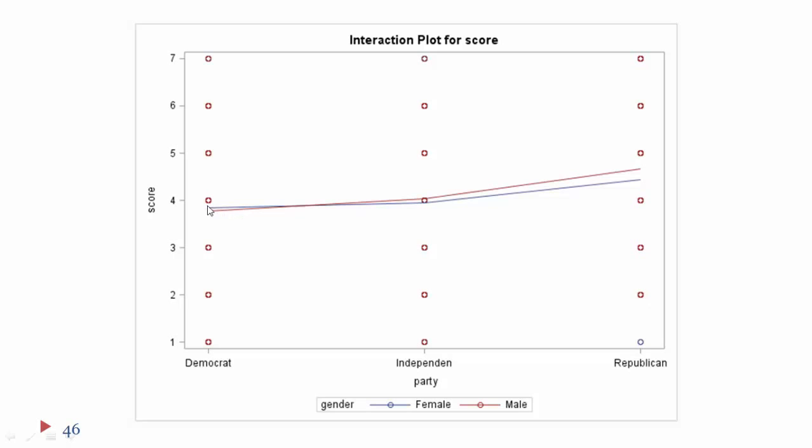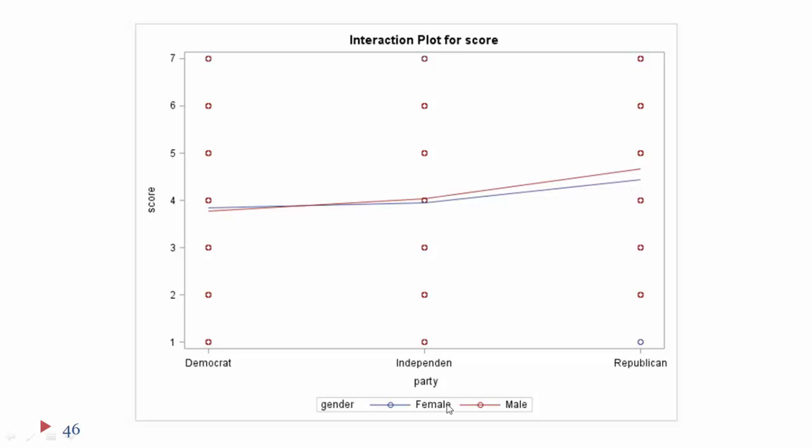And if there is interaction between the party identification and gender, then these lines will cross. So what it means is that if you are a male, then the average score on political ideology will increase if you are Republican as opposed to Democrat. You see that there is an upward going straight line, okay, which is not the case if you are a female.